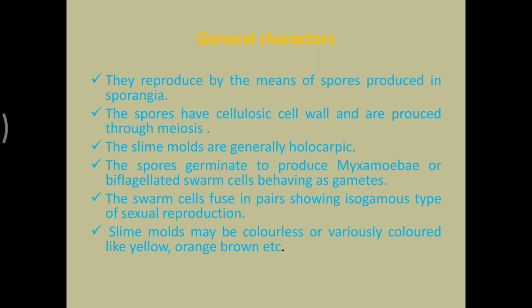These are the concluding characteristics of the slime molds, and they are very common during the rainy season. Look here and there around your house, and you will definitely be able to find some colonies of these slime molds.